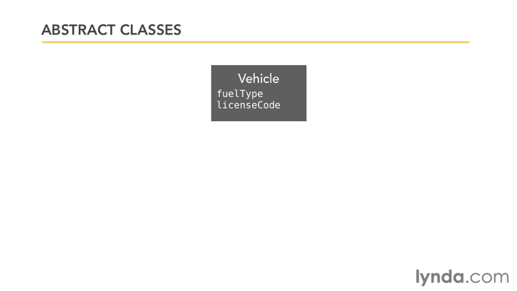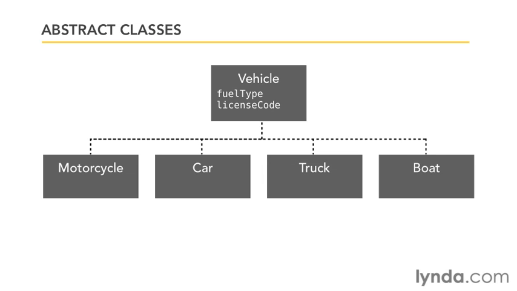But you don't actually go down to the dealership to buy a vehicle. What you do is you buy something like a motorcycle or a car or a truck or a boat. These are real-world implementations of this abstract notion of a vehicle. Even though they may all share some of the same characteristics, there's no such thing as actually making a vehicle.